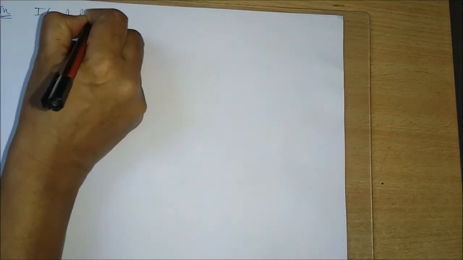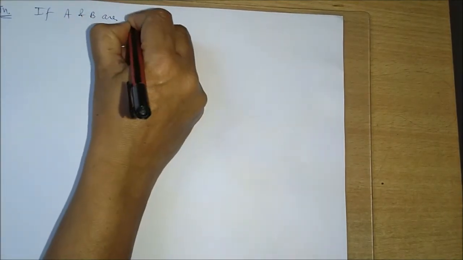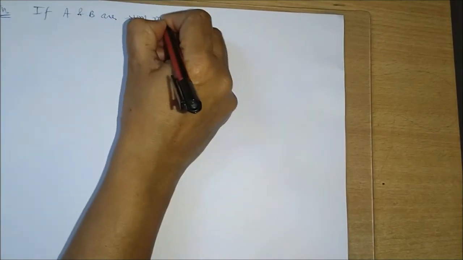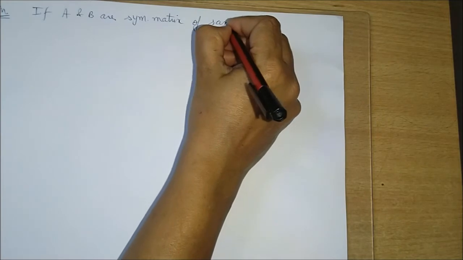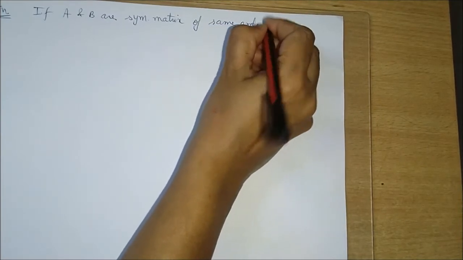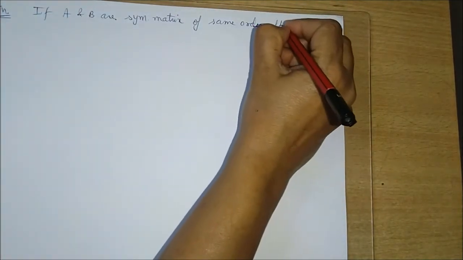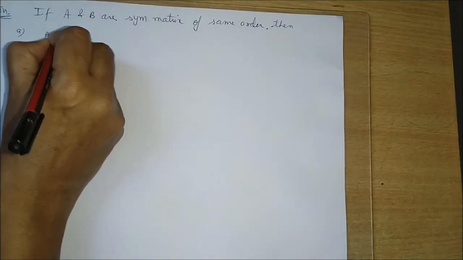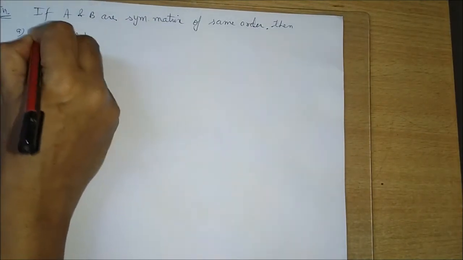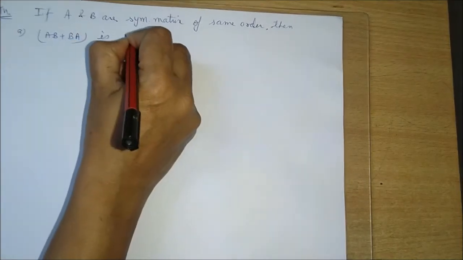Next theorem, if A and B are symmetric matrices of same order, then AB plus BA is symmetric.